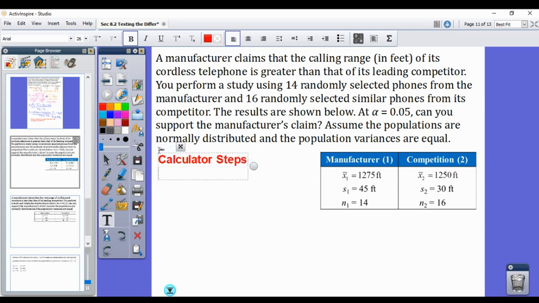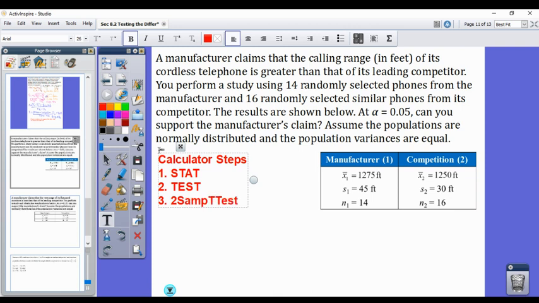We are going to first hit stat, and then you're going to go over to test, and then you're going to go down to 2-SampTTest.